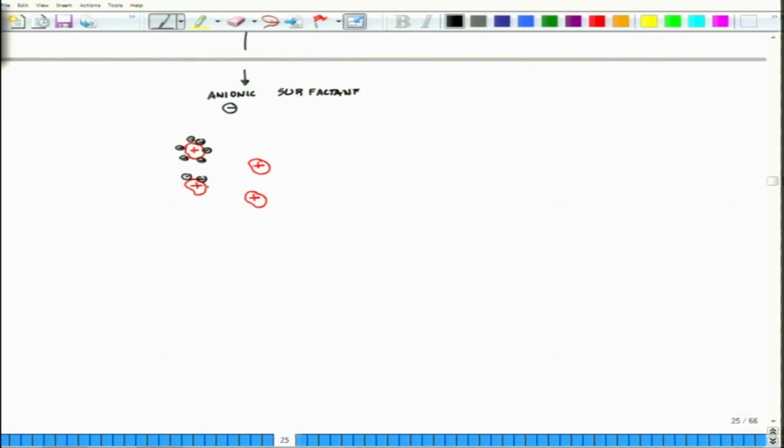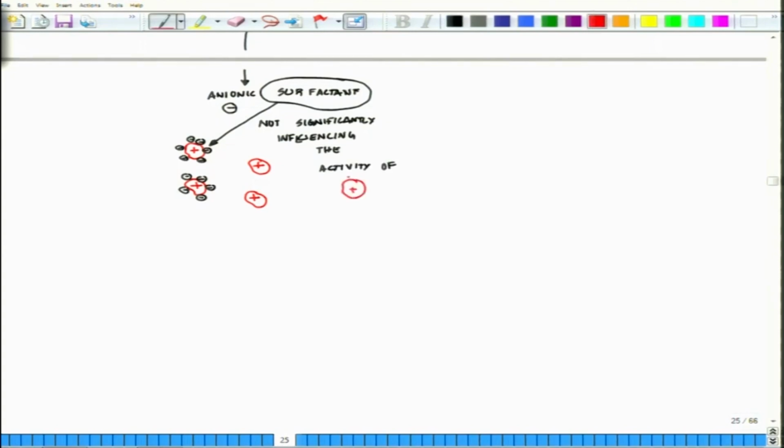But as I am telling you, one has to ensure that this surfactant is not significantly influencing the activity of the nanomaterial.